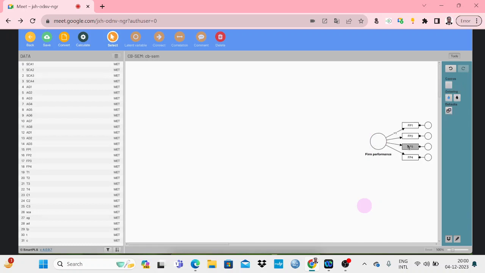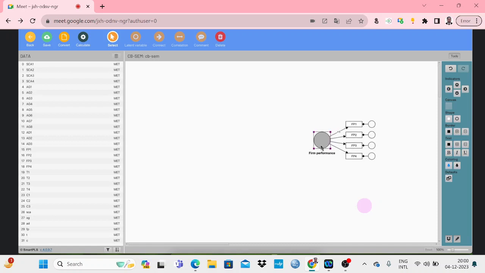These are all the indicators, or the questions on which we took responses from the managers on a scale of 1 to 5. These are the error terms, because first of all we are trying to test whether all these indicators can predict this underlying abstract concept, construct or latent variable.